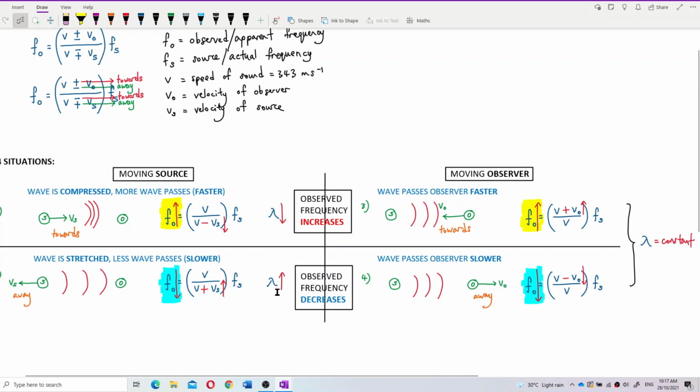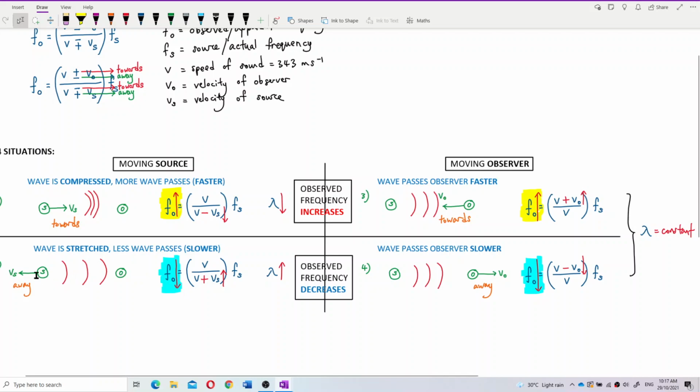Okay, let's look at the next one. If the source is moving away or the observer is moving away, both will have the observed frequency decrease.